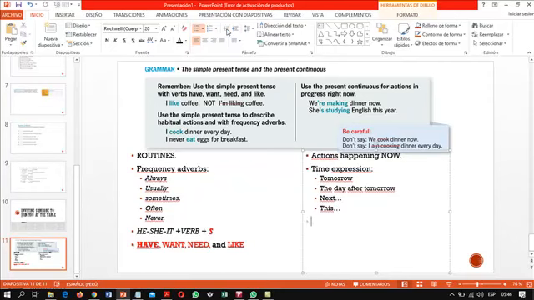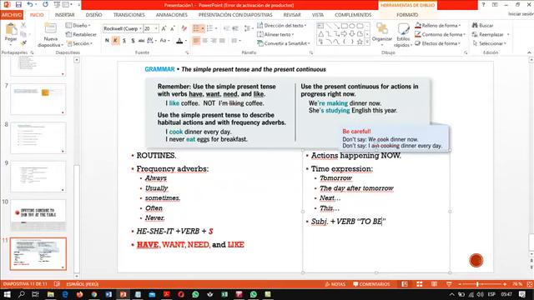In the case of present continuous, remember that this is always the order, right? We have the subject, right? I, you, Maria, Pepito, the dog, the class, right? We need to use verb be, right?